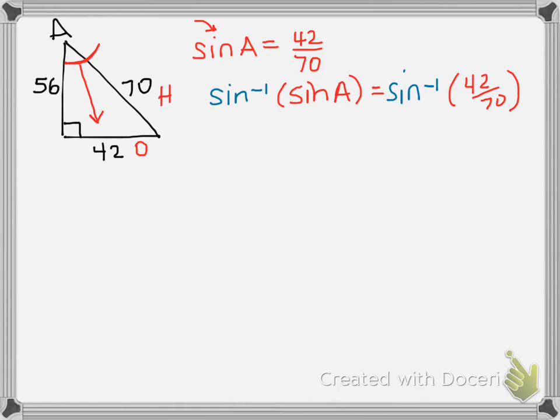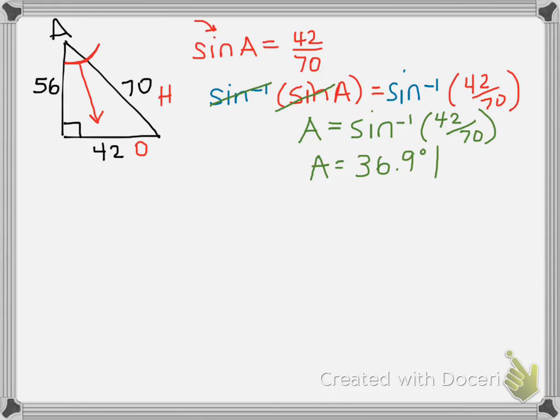Because of these two, we mark them out because they cancel out. They're inverse trig functions. So we have angle A is sine inverse of 42 over 70. And when we find that out, we find that's 36.9 degrees. So that's using sine.